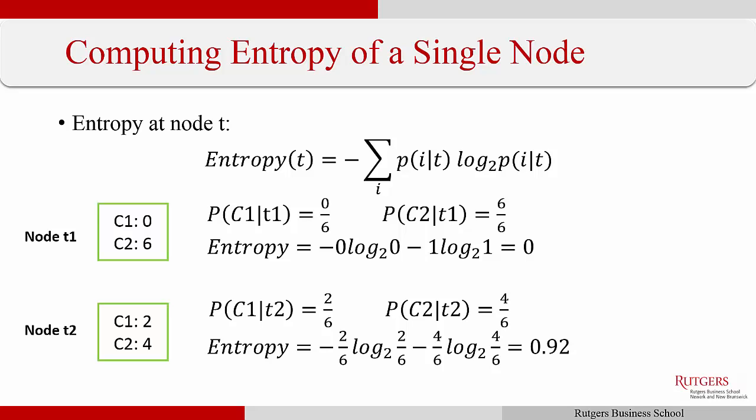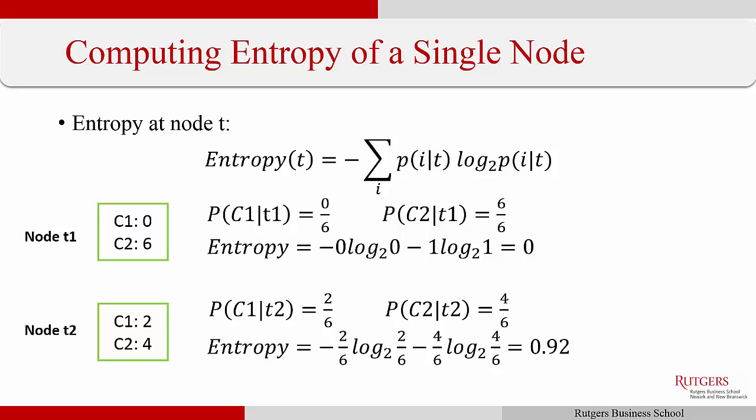And for the node T2, we also have 6 records, but 2 of them belong to class 1 and 4 of them belong to class 2. The degree of impurity is higher. P(C1|T2) equals 2 divided by 6, which is 1/3.